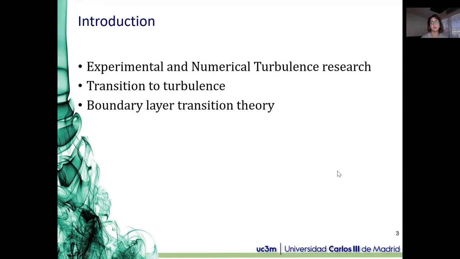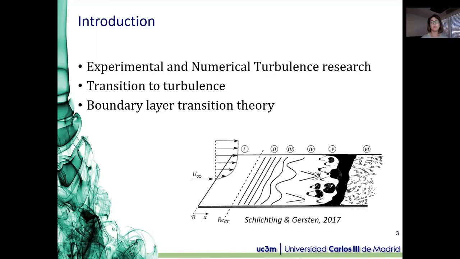There are many theoretical studies and theories of transition to turbulence in boundary layers. For example, Klebanoff's theory describes the stages in the process of transition in the boundary layer on a flat plate in the presence of an external flow turbulence intensity.